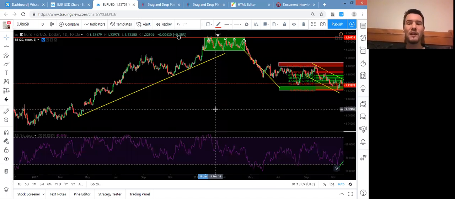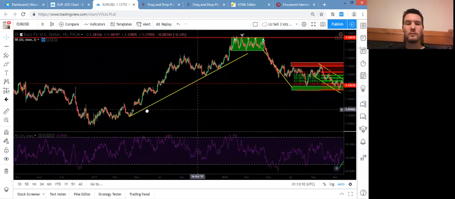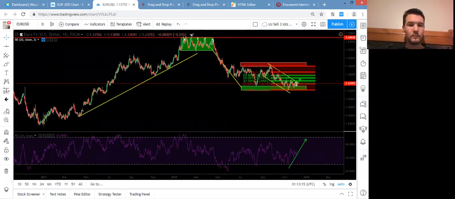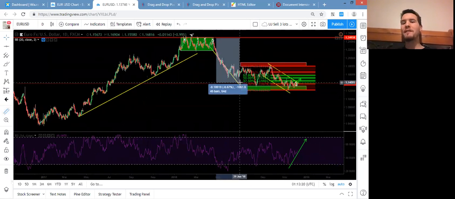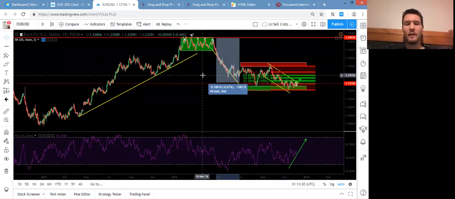Now, if you were patient and willing to ride that trade out from the top, you would have caught about 1,000 pips or more if you would have gone down to the bottom of that peak. 1,000 pips, okay? That's pretty awesome.